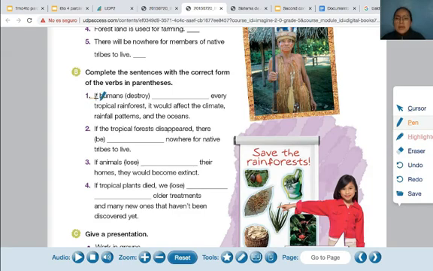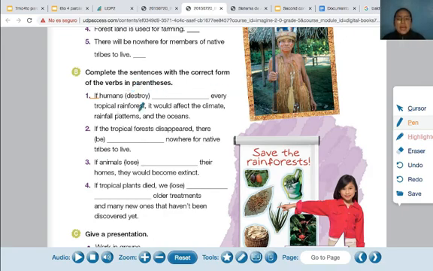If humans... in this case we are going to use if in the first part, so the verb you have to write in past. What is the past of the verb destroy? Destroy is a regular verb. If you want to change a regular verb to past, you have to add ed at the end: destroyed.